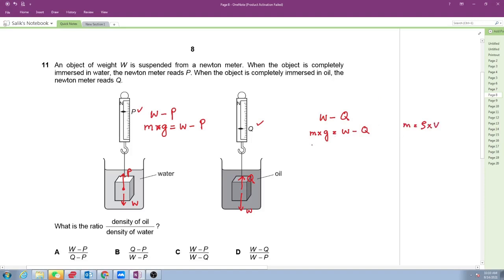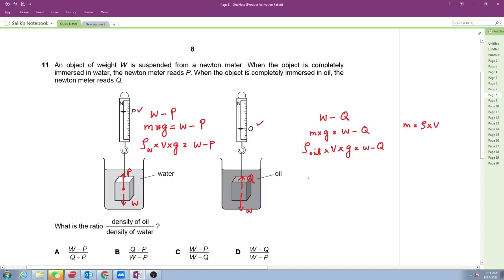So we can write the density of oil times the volume of oil times g equals W minus Q. And the density of water times volume times g equals W minus P. Since it is the same block, the volume is the same.